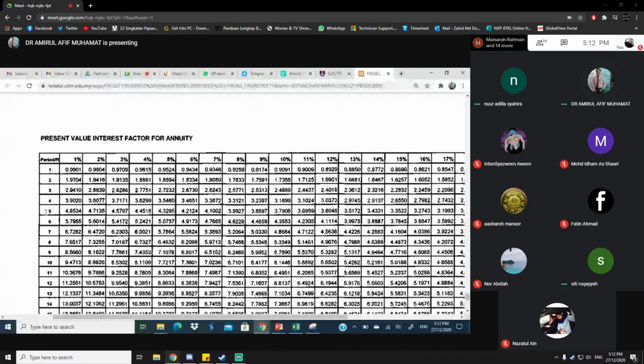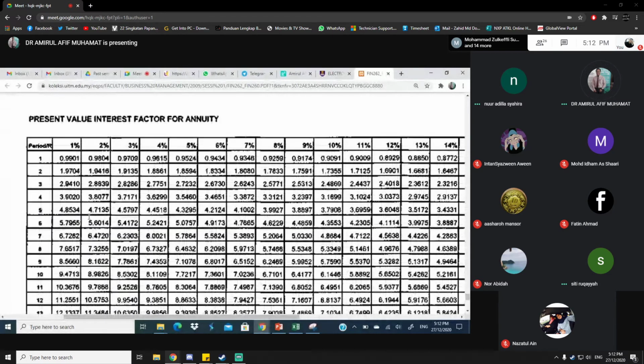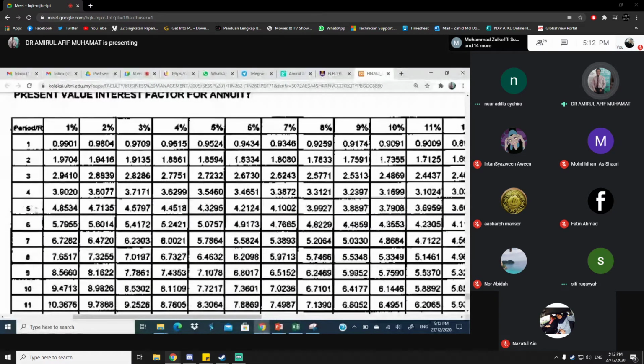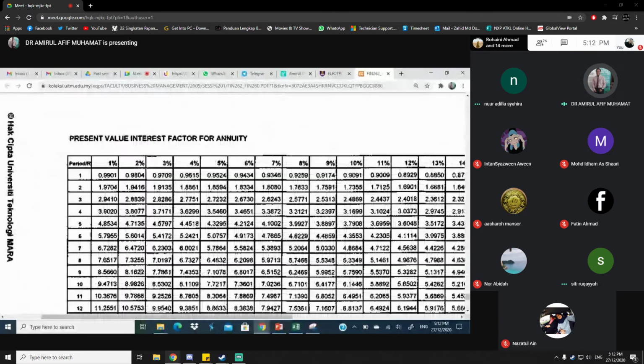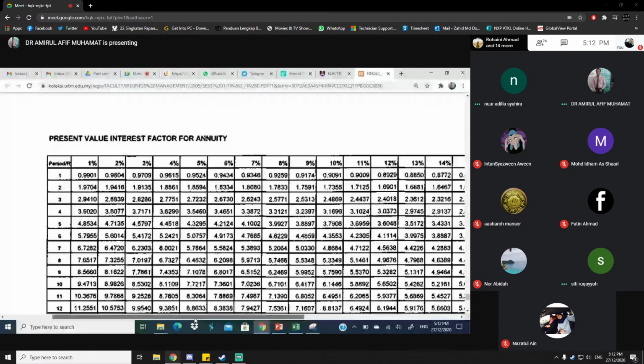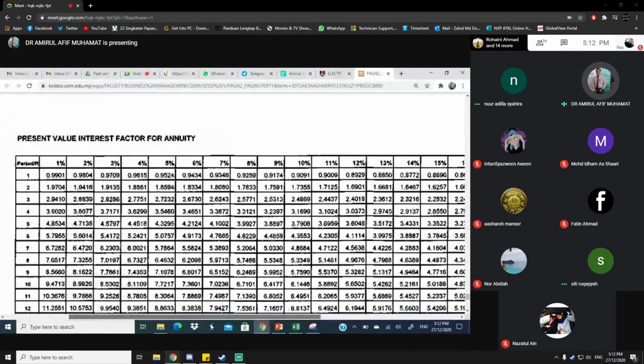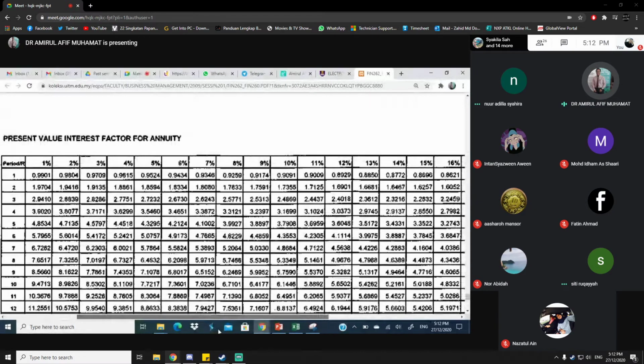Alright, this is 5 years, so you kena cari 3.2308. Itulah nampak besar sangat. Kalau you ada table you tu lagi bagus. Kalau you ada soalan masa exam paper, you refer from there. Okay, 5 years, carilah 3.2308.